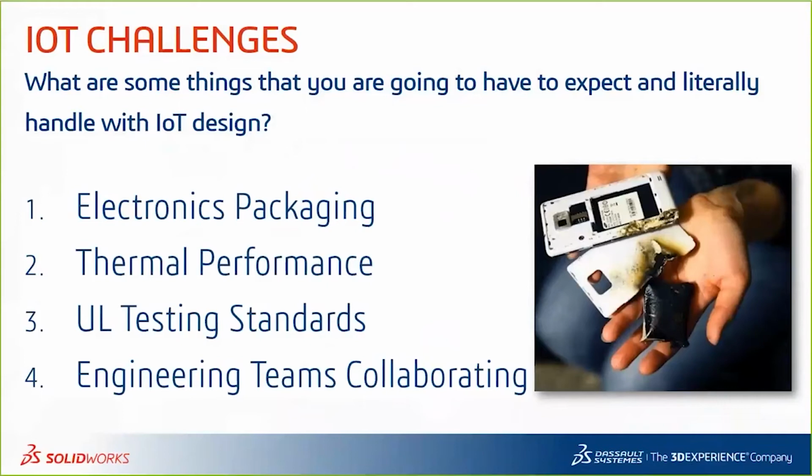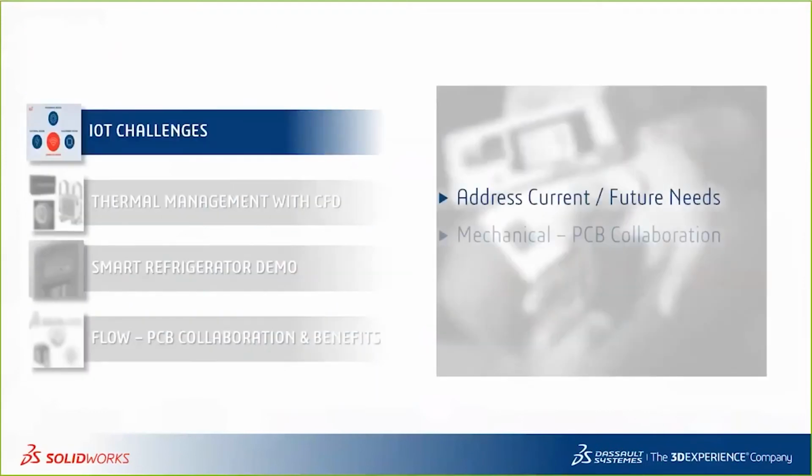It requires engineering team collaboration, which a lot of time is a challenge, being that we are in a global economy where you could have one team in the U.S., another team on the opposite side of the world. So how are we going to address all these different issues?